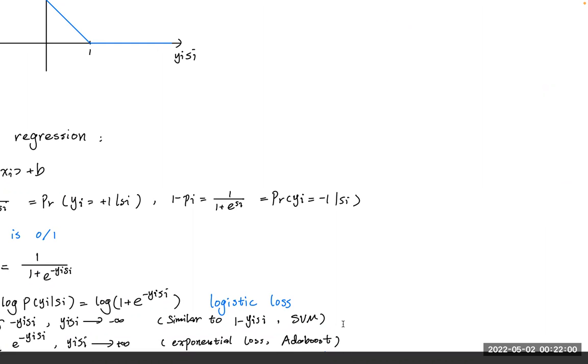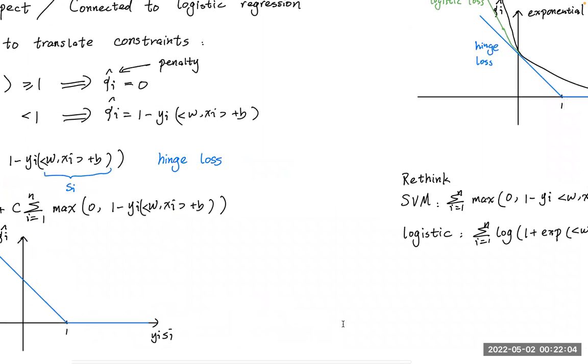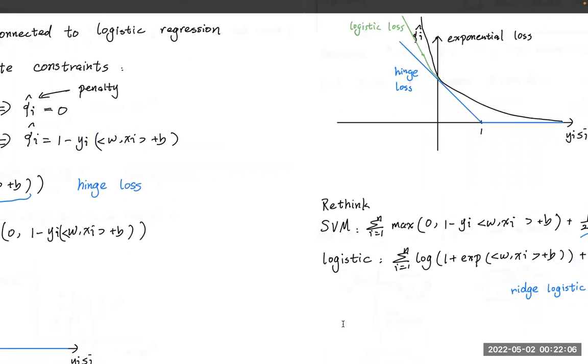So therefore, you can think of that in general, this SVM hinge loss function is a very crisp two-piece linear approximation to the logistic loss function. And this logistic loss function actually is similar to the hinge loss on the left-hand side, on this side.